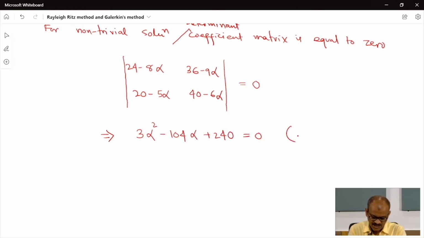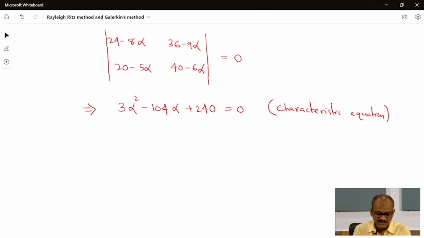So, this is the characteristic equation. The roots of this characteristic equation are the eigenvalues.